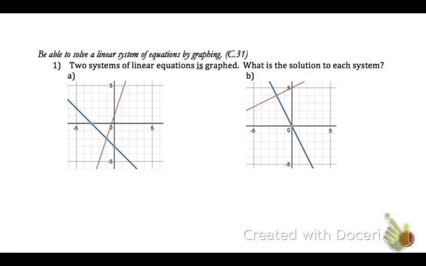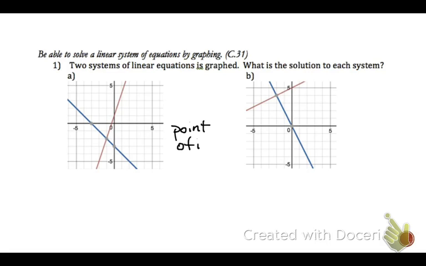So the first question covers being able to solve a linear system of equations by graphing. So if you look at question A, you can see two lines graphed. And remember that a solution to a system is a point of intersection. So we are looking for, on graph A, a point of intersection.